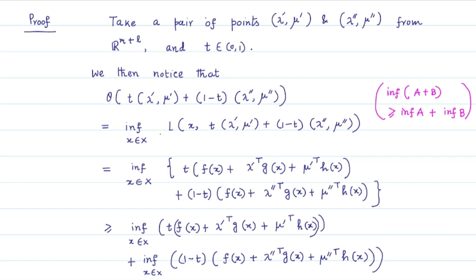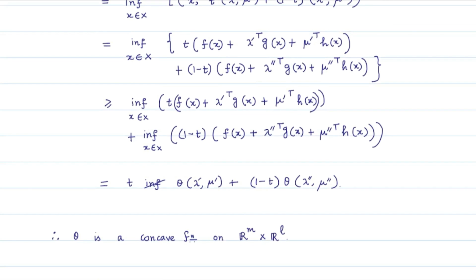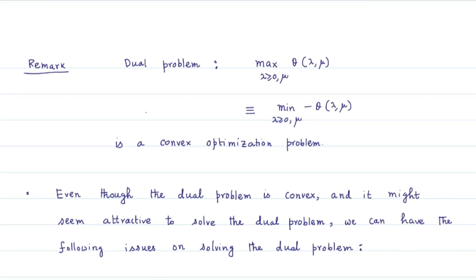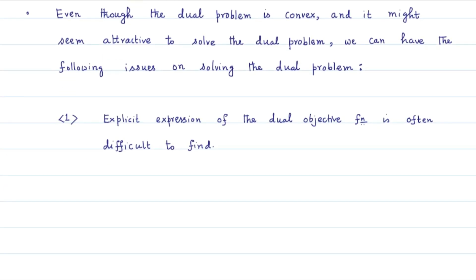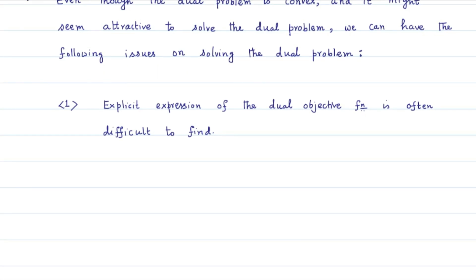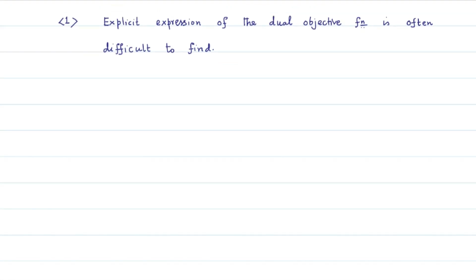You need to find a solution of this minimization of the Lagrangian function L(x, lambda, mu) to find the value of theta(lambda, mu), and therefore to evaluate theta even at a given point (lambda, mu), we need to solve a minimization problem. It is really tedious and very difficult to find a closed form or explicit expression of the dual objective function. And often an explicit expression for theta in terms of lambda, mu is not available. We will have certain examples just after writing out all these issues.